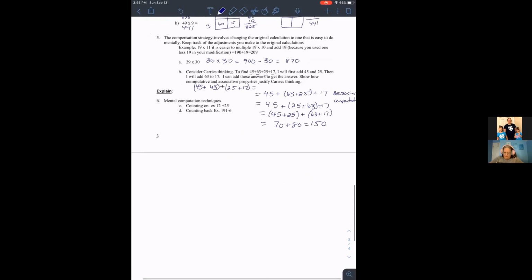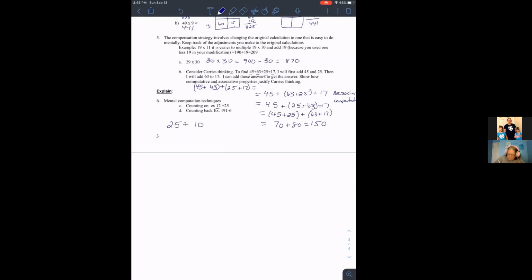Okay, number 6. Almost there. Number 6 says mental computation techniques. Counting on, example 12 plus 25. So what that means is 25 plus 10, because it's easier to add 10 than it is to add 12.